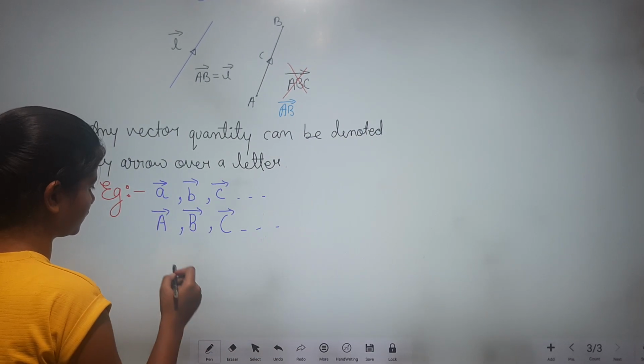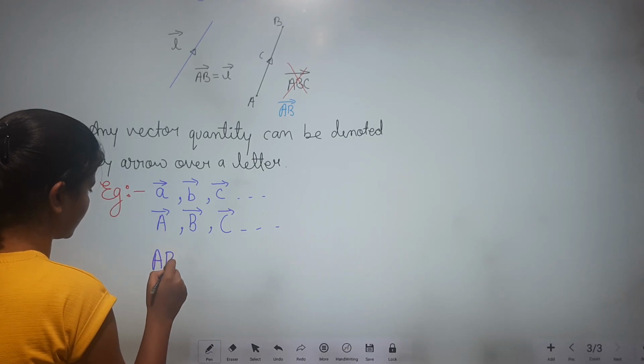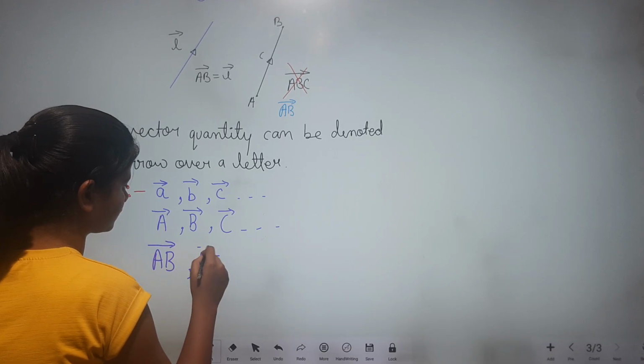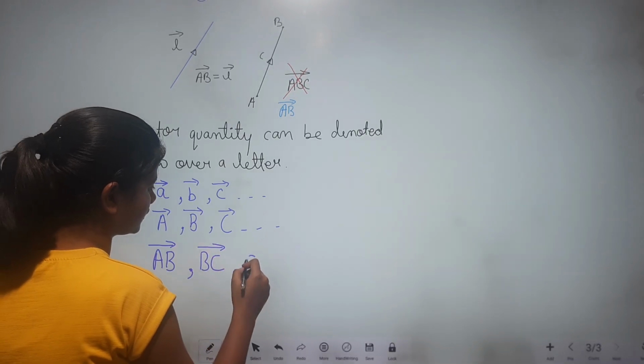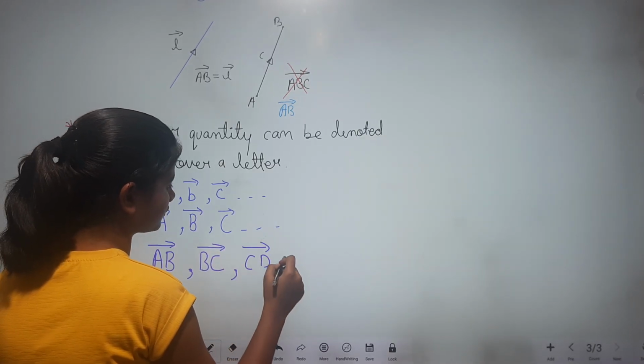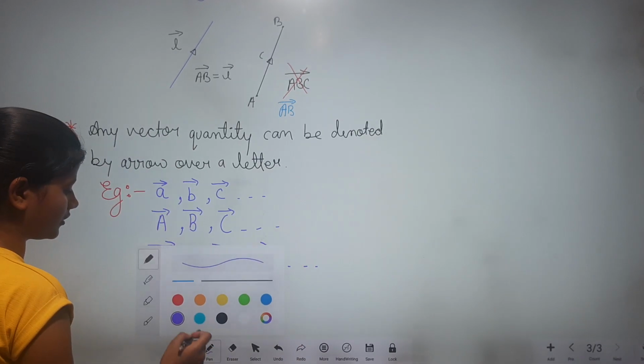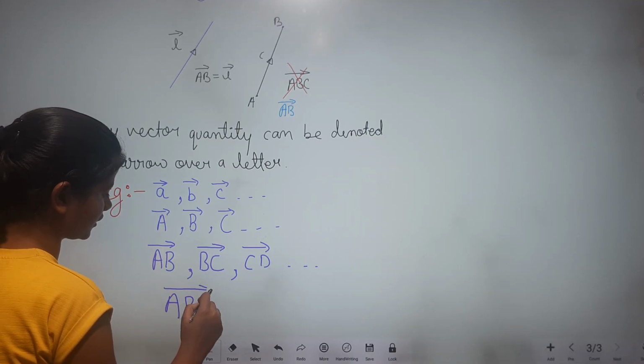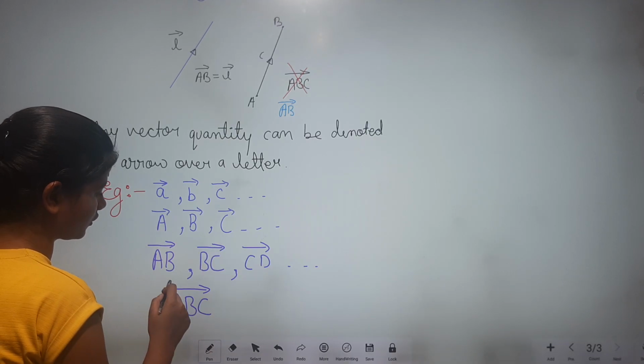Or you can also denote like this: AB vector, okay, BC vector, CD vector, okay. But we cannot write like this: ABC vector, okay. This one is wrong. Why?